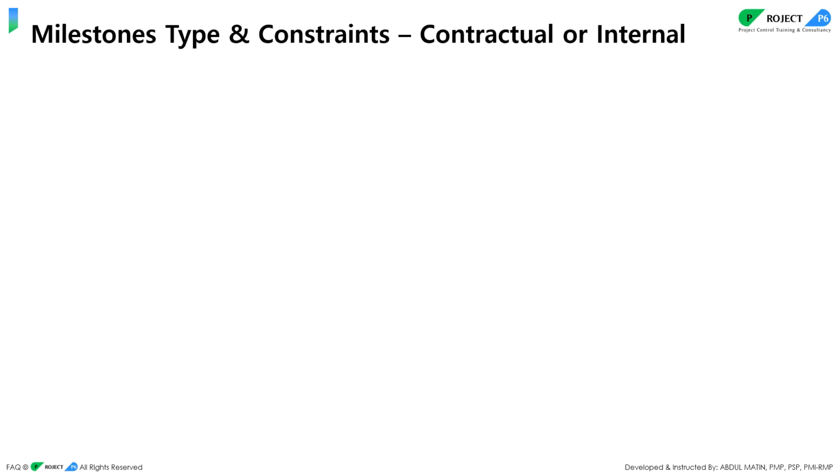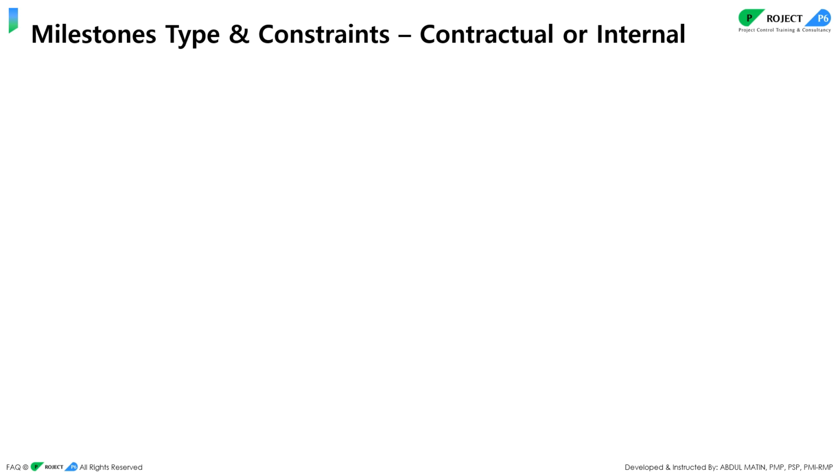In the contract, you will find some intermediate milestones rather than only the full project completion. Probably they need phase delivery, so they will put a contractual completion date for each of the phases, and you have to respect all the contractual milestones if you want to deliver your project without getting any liquidated damages. So you have to respect the contractual milestone.